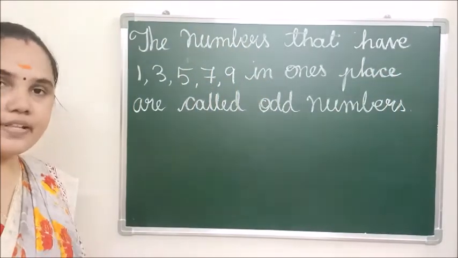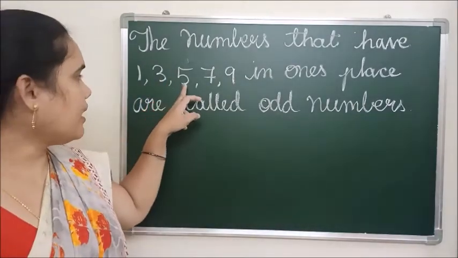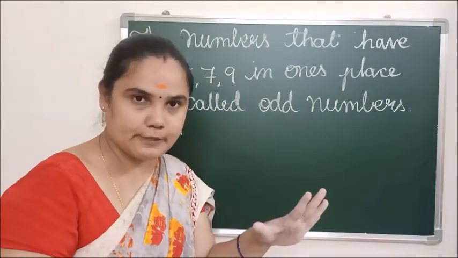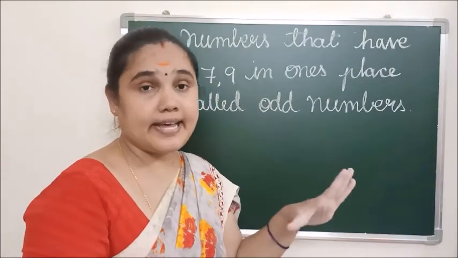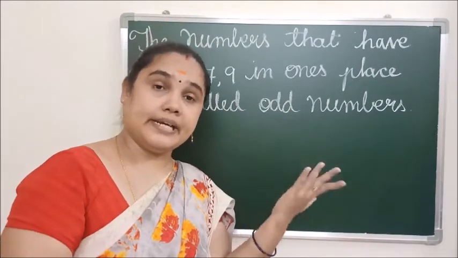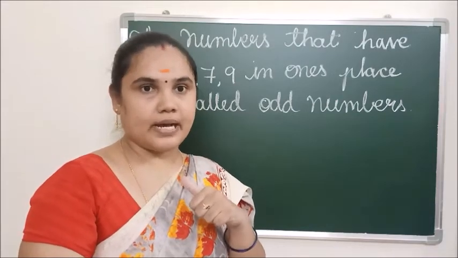See, children, if the number has 1 or 3 or 5 or 7 or 9 in ones place, then it is an odd number. Okay. Otherwise, by reading table 2 also we can say it is an even number or odd number.